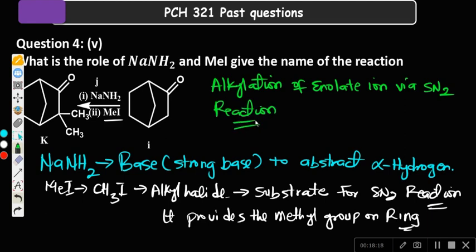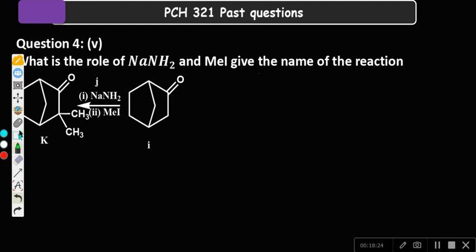Alkylation of enolate ion via what? SN2 reaction. Is that okay? So that is that. Now let's see the next one.